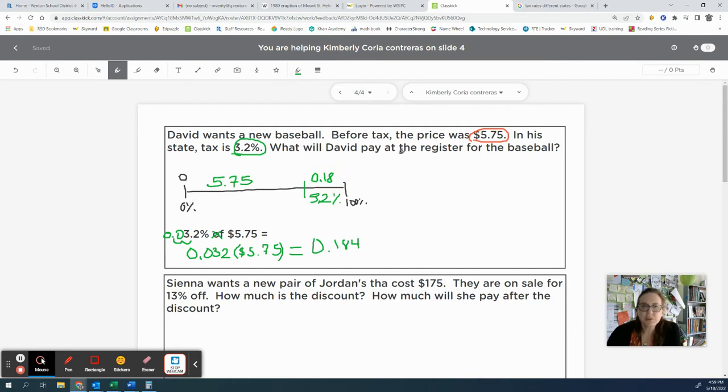The question is, what will David pay at the register for the baseball? So we need to take the 5.75 and add it to the 18 cents. And what does that make it? So 5.75 plus 0.18 equals $5.93.